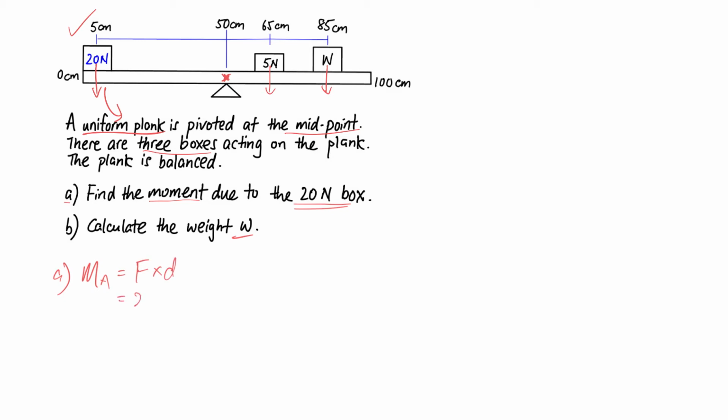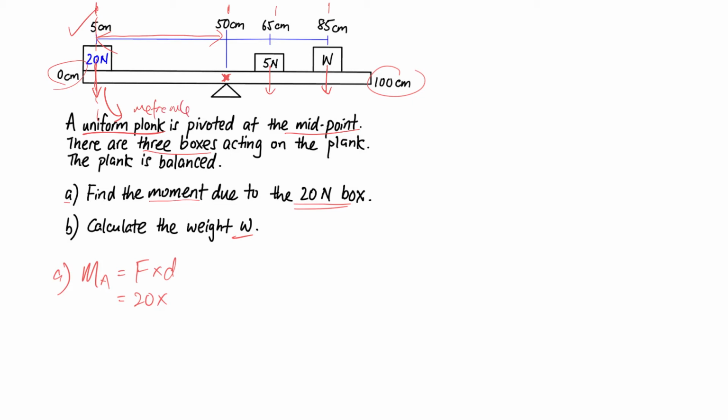So in this case, 20 times the distance from the line of action of the 20 Newton force all the way to the pivot. And this plank is given to you as basically 1 meter, 100 cm, and all these are the markings on the ruler. So you can treat this as a meter rule.